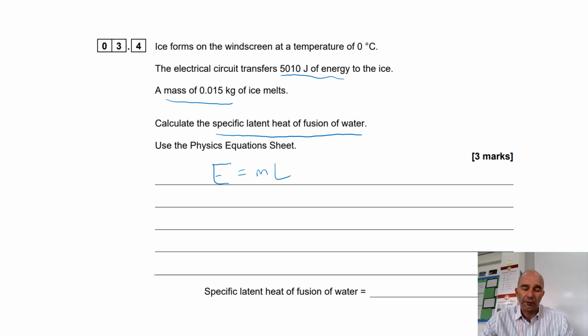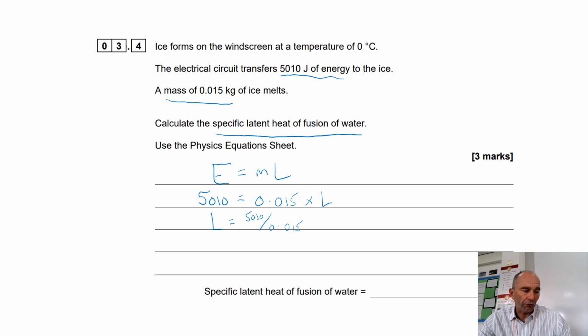So again, this calculation is worth 3 marks. There's going to be a little bit of manipulation needed. So we've got 5010 equals mass, which is 0.015, multiplied by L, which is our latent heat of fusion. That means that L equals 5010 divided by 0.015.